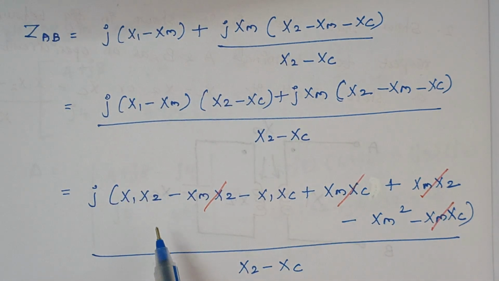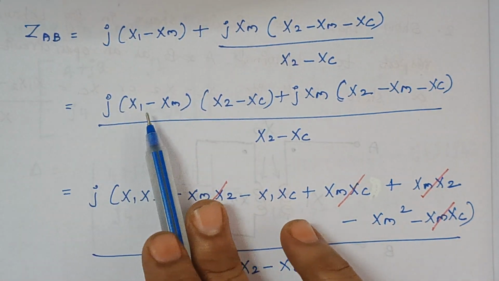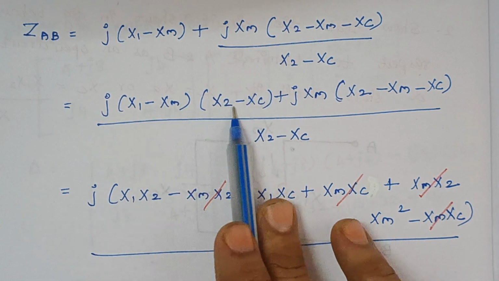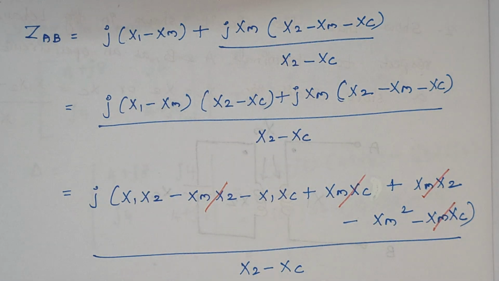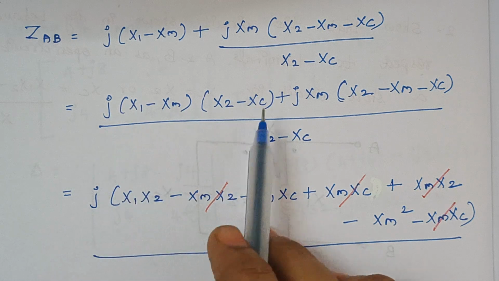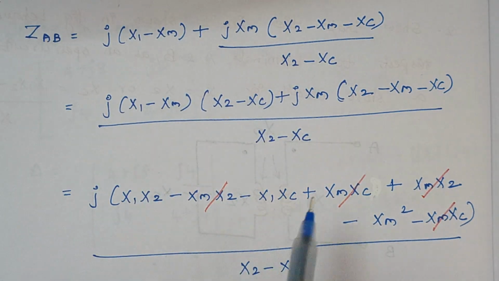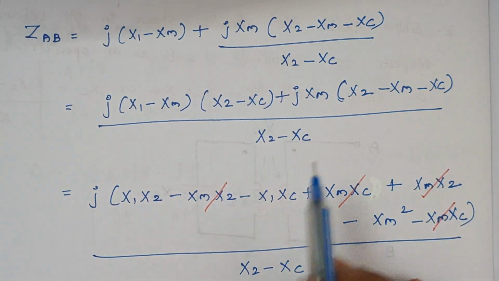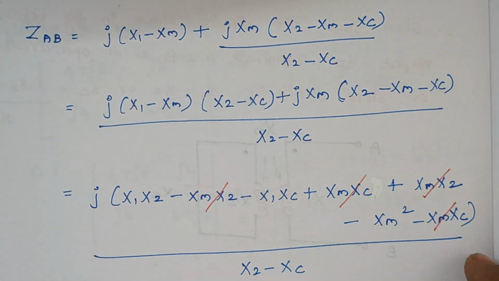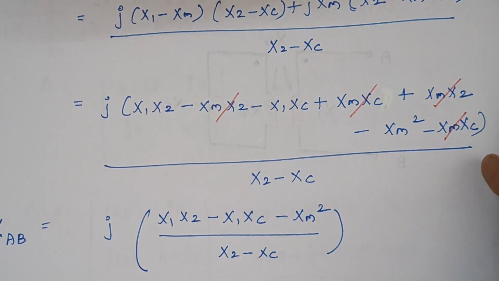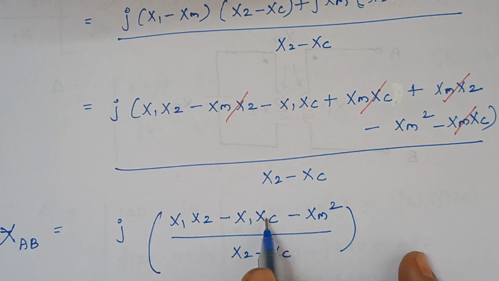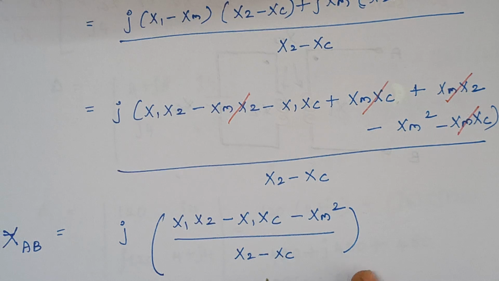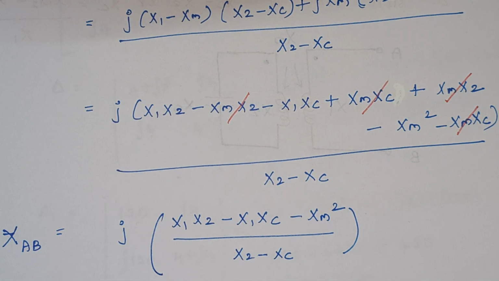After multiplying, I take j outside as common since j is present in all the expressions. After multiplying and cancelling the common terms, finally we have the expression: j of X1 X2 minus X1 Xc minus Xm square divided by X2 minus Xc. So we have calculated the total reactance across AB.